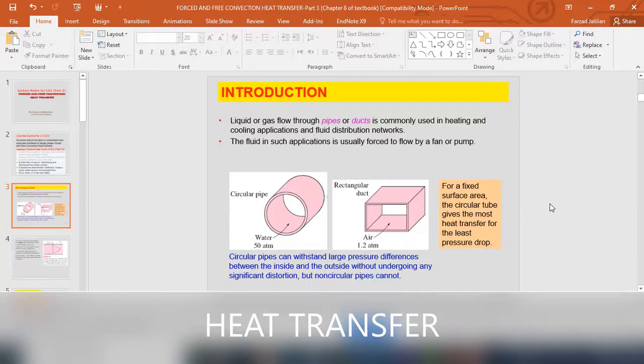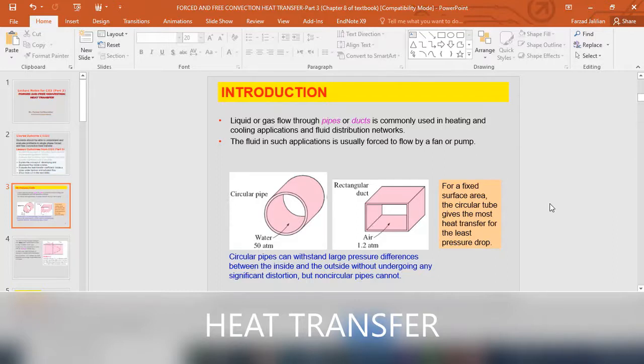So we are interested in using a fluid, for example, inside a pipe or duct to have a desired heat convection. For example, to warm a house, we use hot water inside some pipes, circular pipes, for example. Then by using that, we can increase the temperature inside the house.